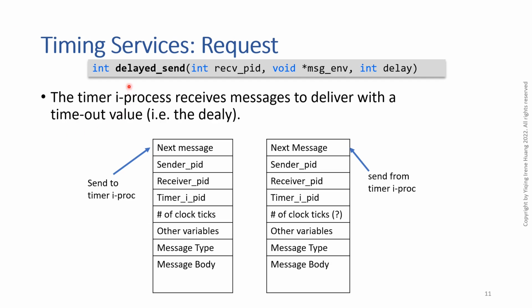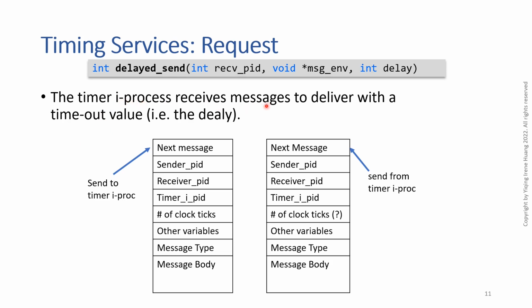In this lab project, the API for the user process to request a timing service is delay send, and it takes 3 input parameters. Two of these are straightforward, and this one is the delay in milliseconds. Whenever a user process calls delay send, it will specify a receiver ID, but this message will first get routed to the timer I process.